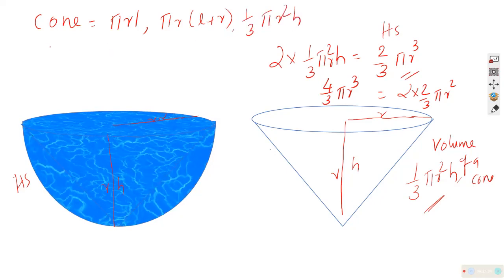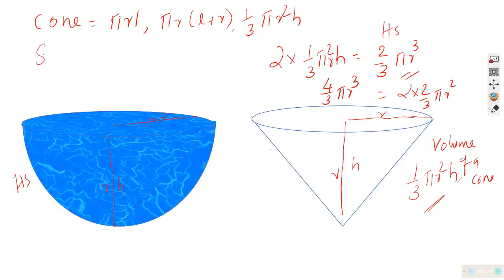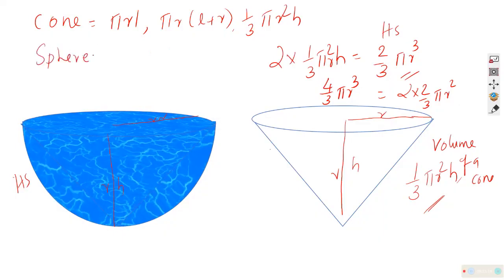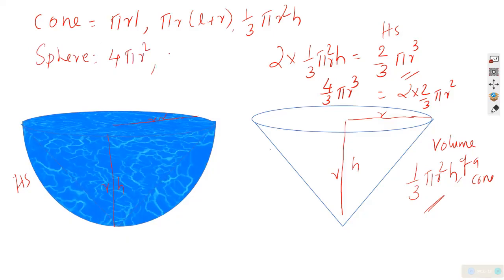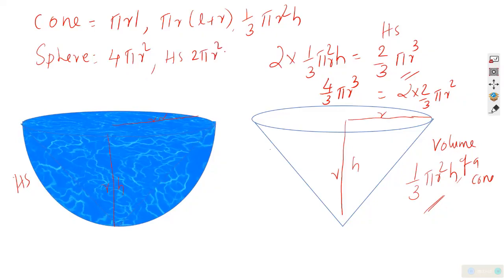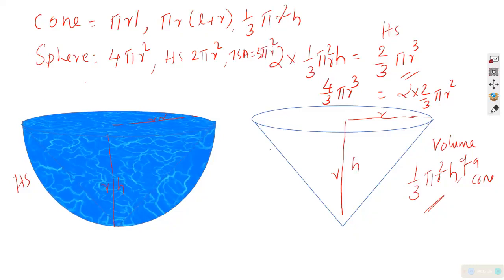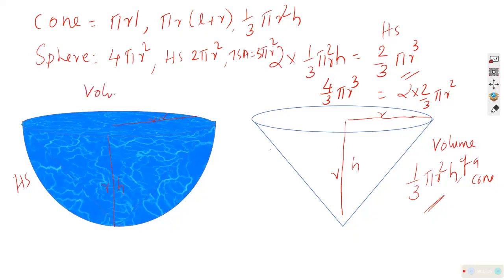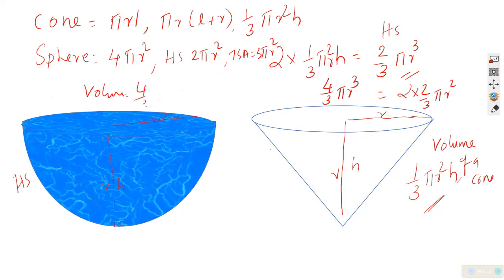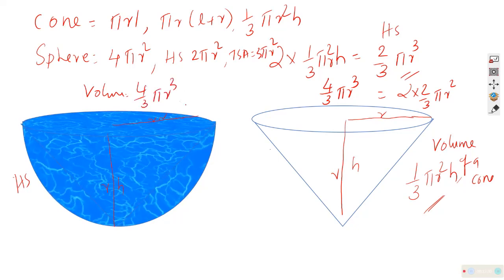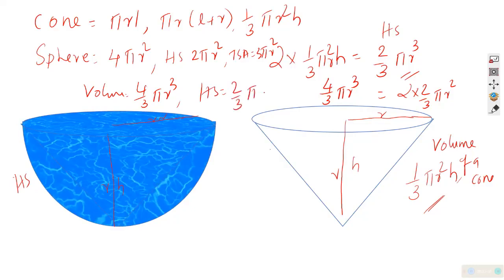When you studied sphere just now, you found that the total surface area is 4 pi r square, that of hemisphere is 2 pi r square, and the total surface area of hemisphere is 3 pi r square, and the volume of sphere is 4 by 3 pi r cube, and that of hemisphere is 2 by 3 pi r cube.